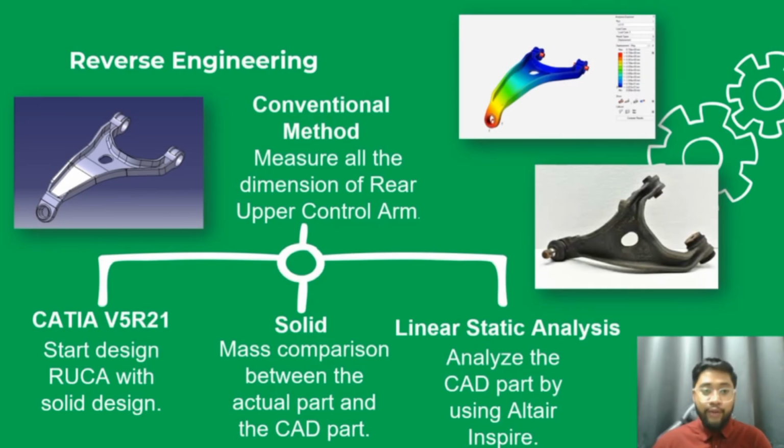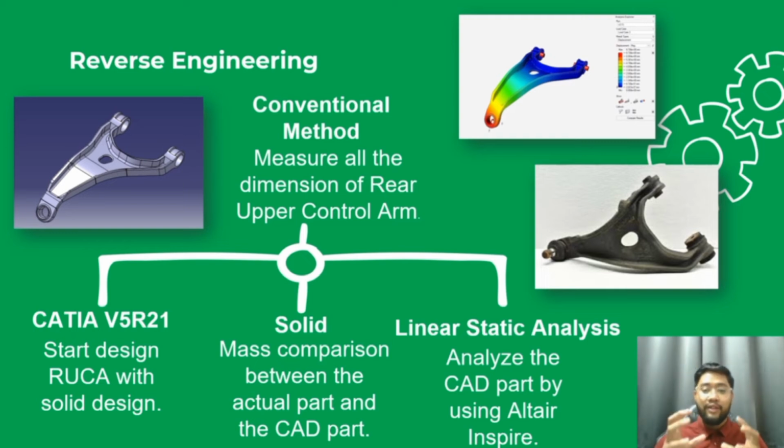Next, we go to the methodology part, which is more interesting. For the methodology, the first step I'm doing is reverse engineering the actual part by measuring all the dimensions of the rear upper control arm using the vernier caliper, the micrometer, radius gauge and the feeler gauge to get the exact dimensions.